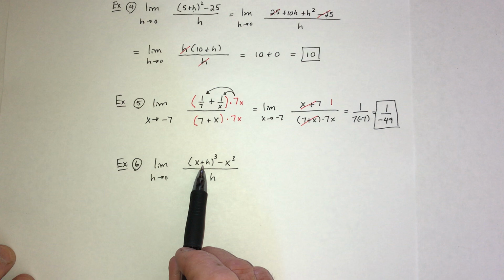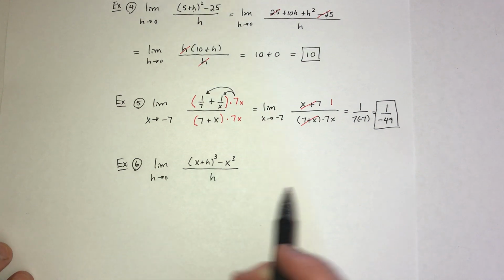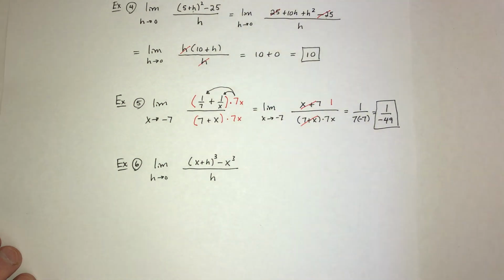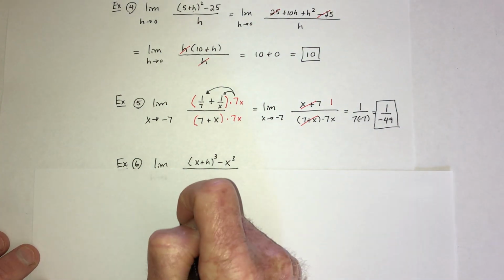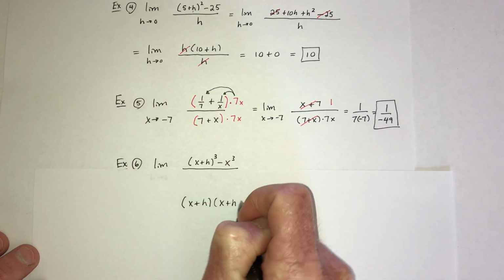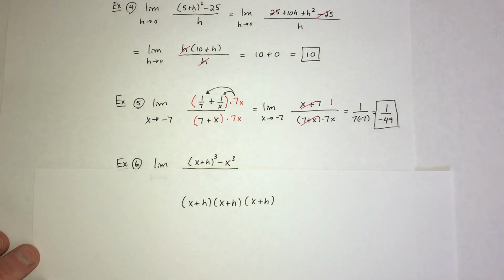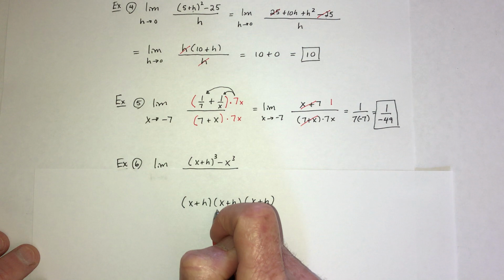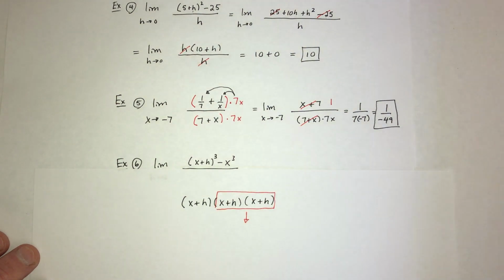So what I think we should do is multiply this out and then simplify the top. So what I think I'm going to do is get some scratch paper and just do this part on the scratch paper. So it means x plus h times an x plus h times another x plus h. And then pick 2 of them and multiply those out.